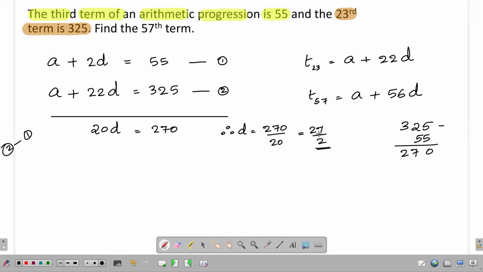That is the common difference here. Now let me substitute the value of d, which I got as 27 by 2, in the first equation.